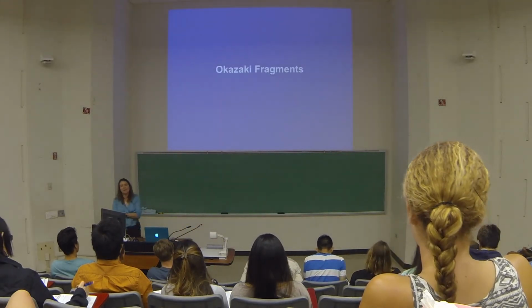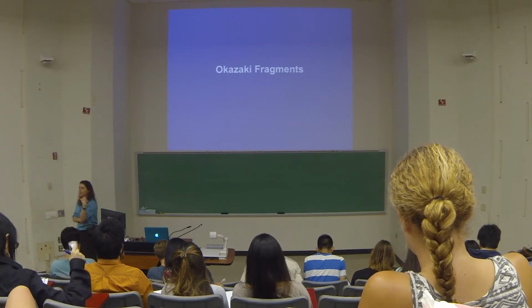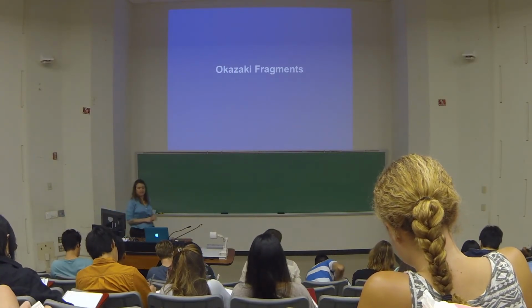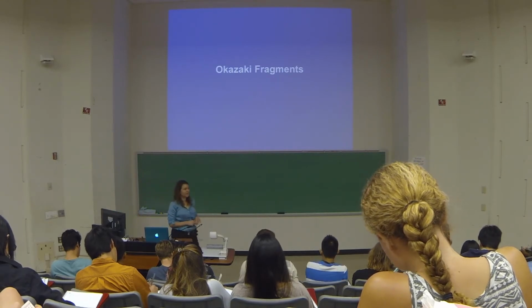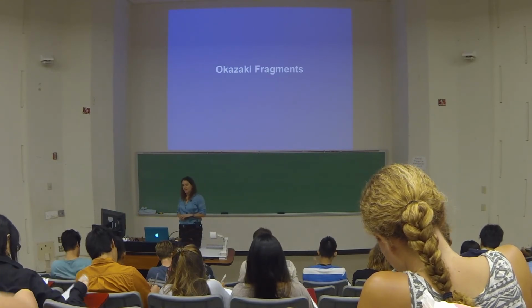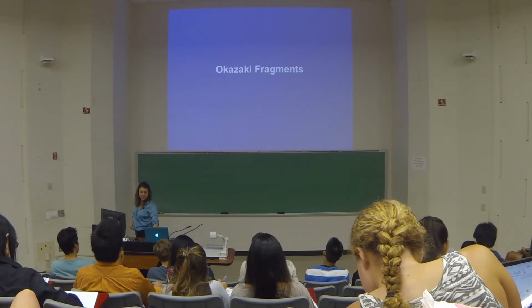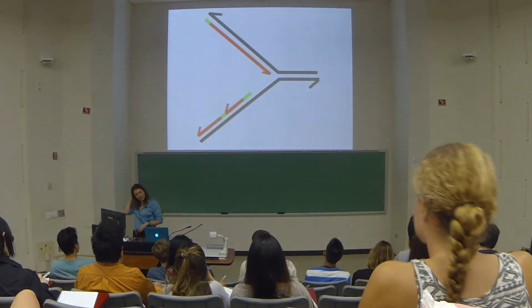All right, so there's one last piece of replication to talk about before we're done with new material for the exam. And that's Okazaki fragments. So specifically, let's go back to our half bubble.